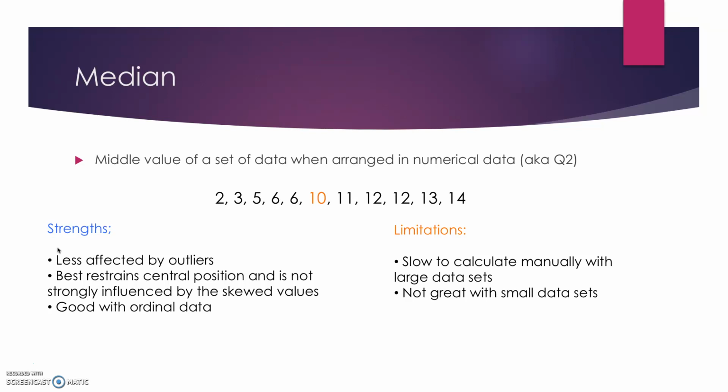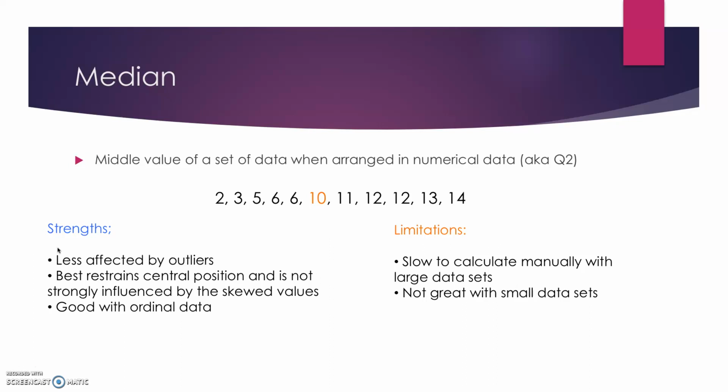Now we move on to the median. The median is the middle value of a data set when arranged in numerical order, and it's also known as Q2, which I'll come on to speak about later in the video. The way to calculate it is by seeing how many numbers there are altogether, adding 1, and then dividing by 2. Whatever the answer is, count that many from left to right, and the number you land on will be the median.